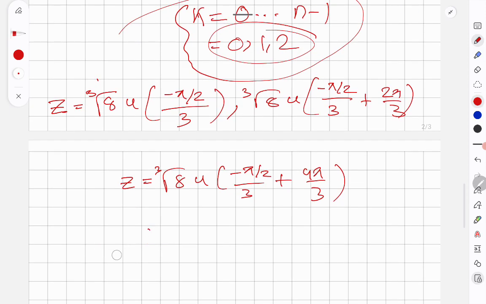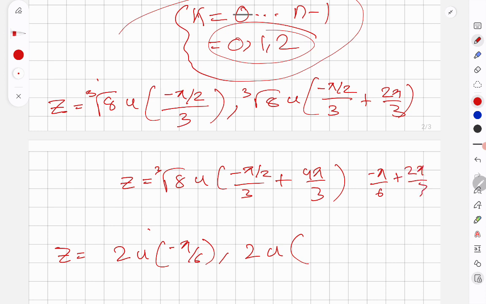So if you simplify them, you get z equals the cube root of 8, which is 2, right? u, this one is negative pi by 6, comma 2 u, and if you simplify them, minus pi by 6 plus 2 pi by 3. Let me just copy it from here.